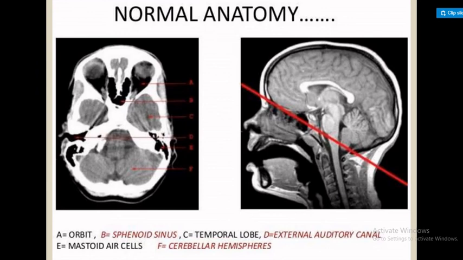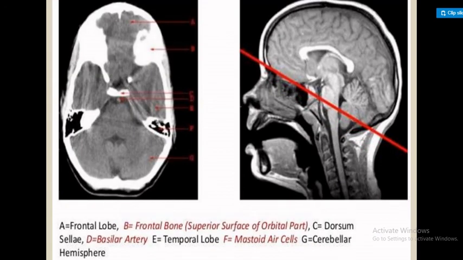Now, in the normal anatomy, we can also see different structures like the orbit, the sphenoid sinus, temporal lobe, external auditory canal. All of this can be seen by this CT scan. Or here also in this slide, we can see the frontal lobe, frontal bone, dorsum sellae, basilar artery, and mastoid air cells can be clearly seen.